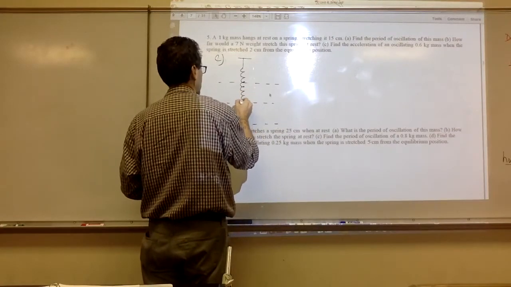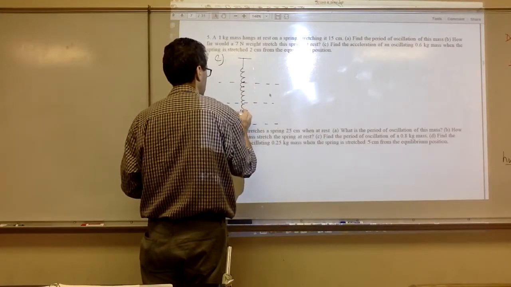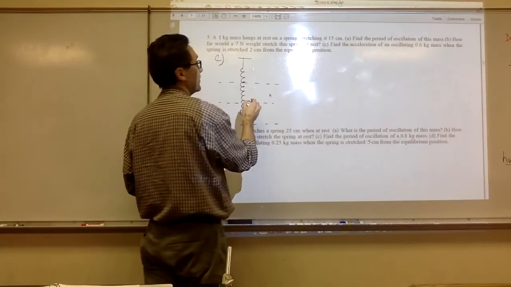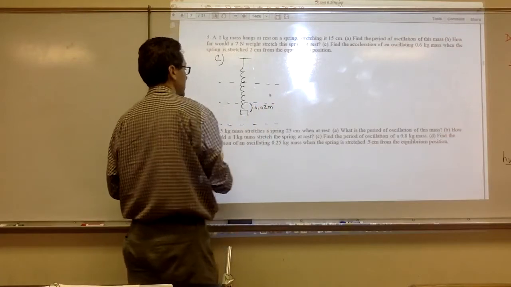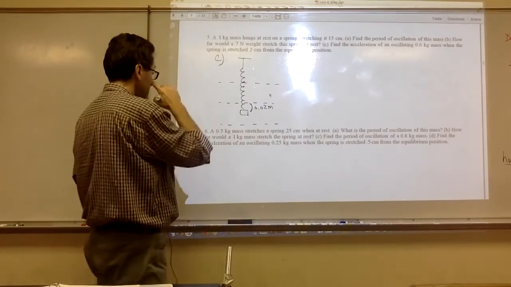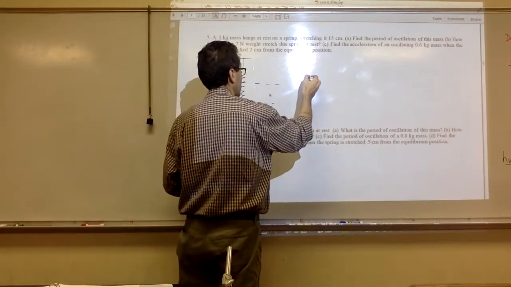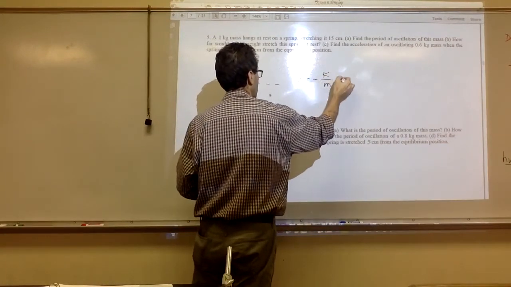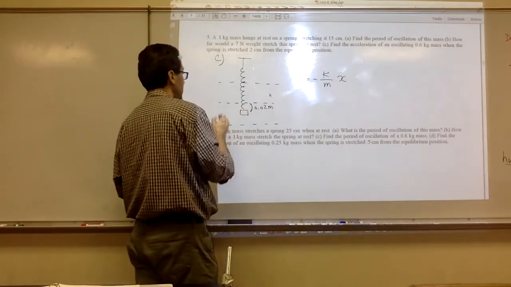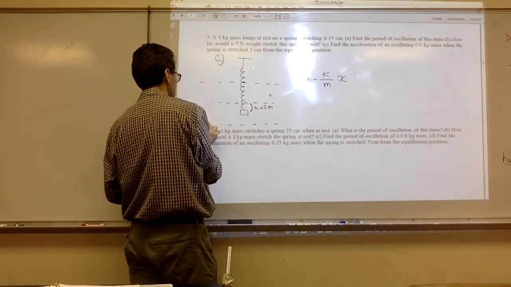So we're going to stretch past the equilibrium position. We're going to stretch by 2 centimeters, which is 0.02 meters. Now, here, I think it helps to just do a equals negative K over M times X and call it a day. Now, this is your negative amplitude. This is your positive amplitude.